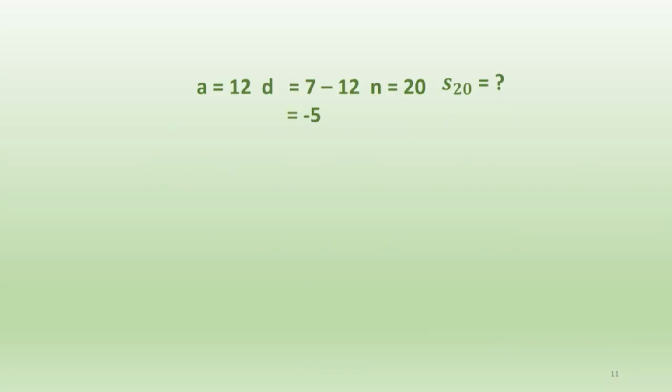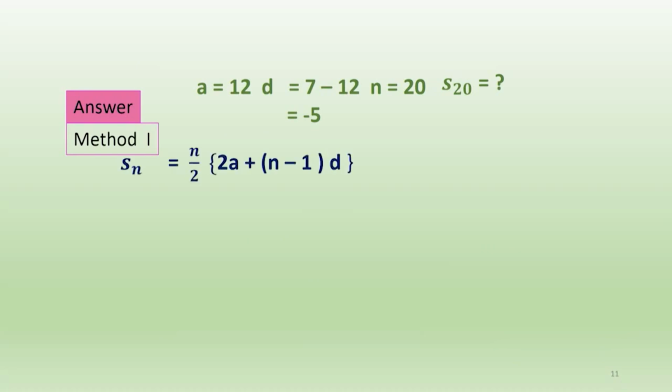Okay, look at this here. I am going to use the formula Sn equals n over 2 times (2a plus (n minus 1)d). Then I am substituting the values there. n is 20, a is 12 and d is minus 5.